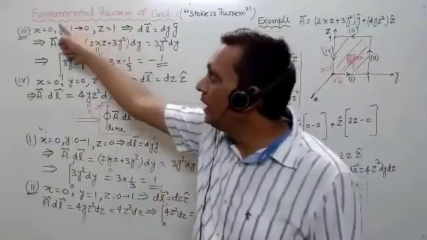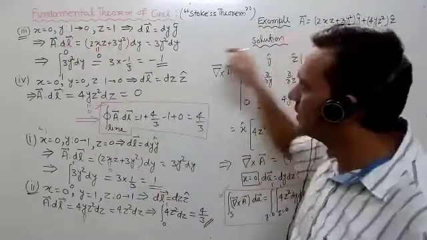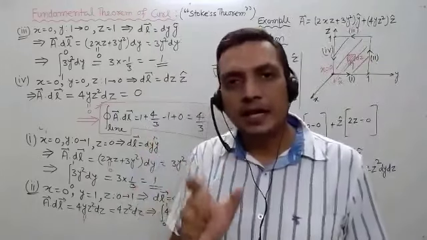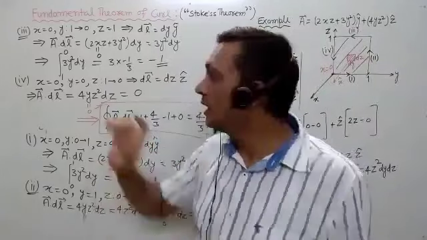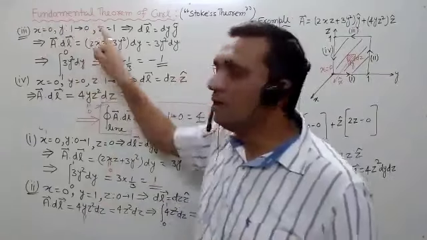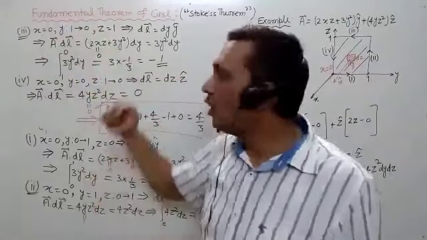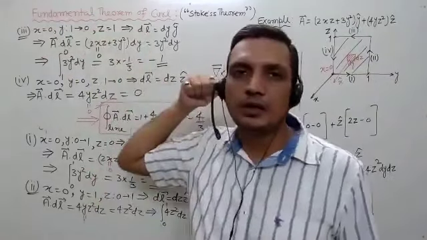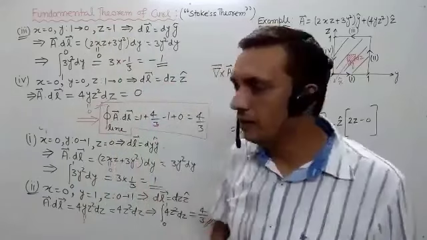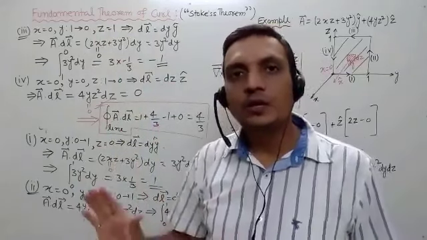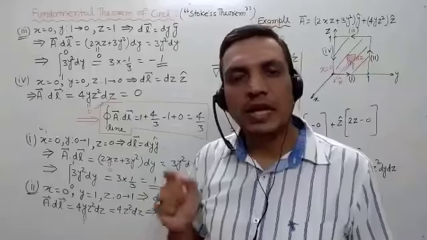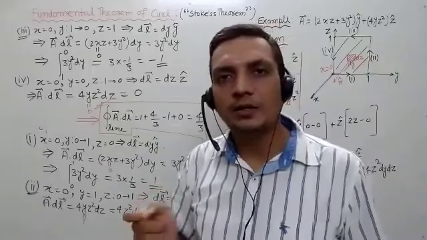That's why I have taken the limit according to the direction of integration. But dl is simply dx x cap, dy y cap, dz z cap. So dx is 0, dz is 0, so dy y cap. Now put the limit according to the direction of integration, and you will get the plus or minus sign. Is it clear? No need to take dl plus or minus. Take the limit according to the direction of integration.